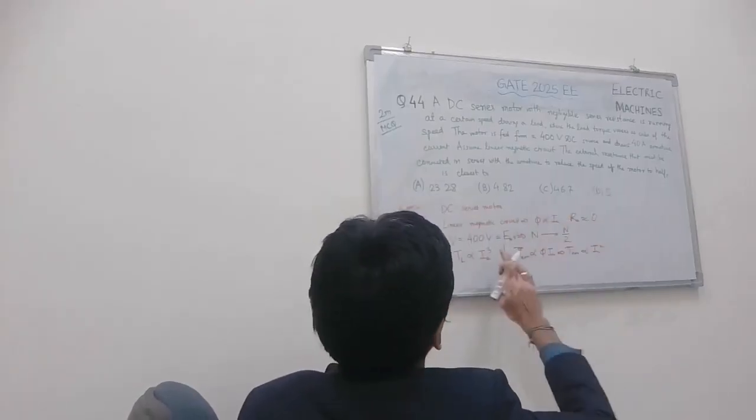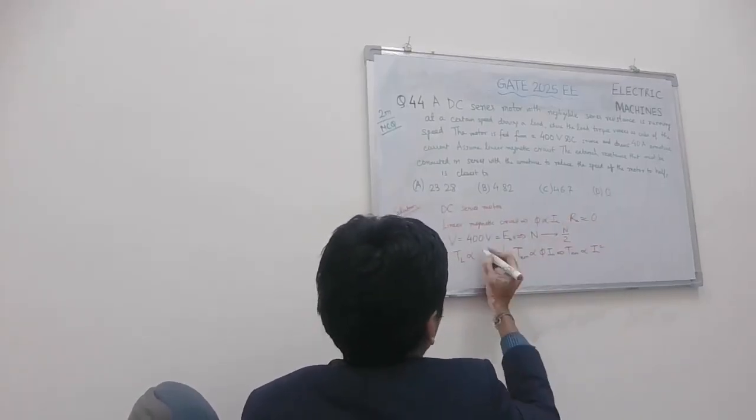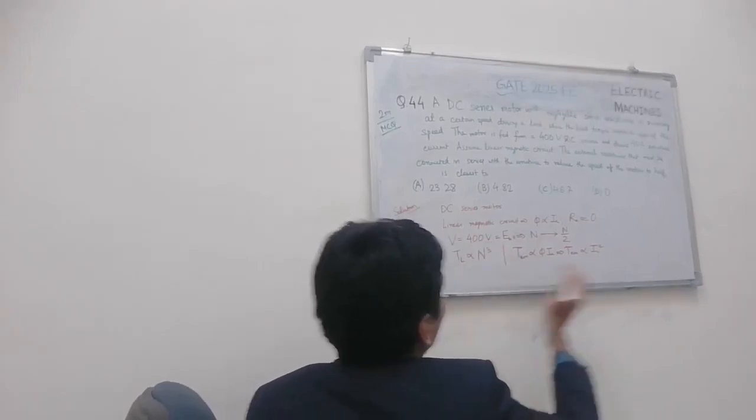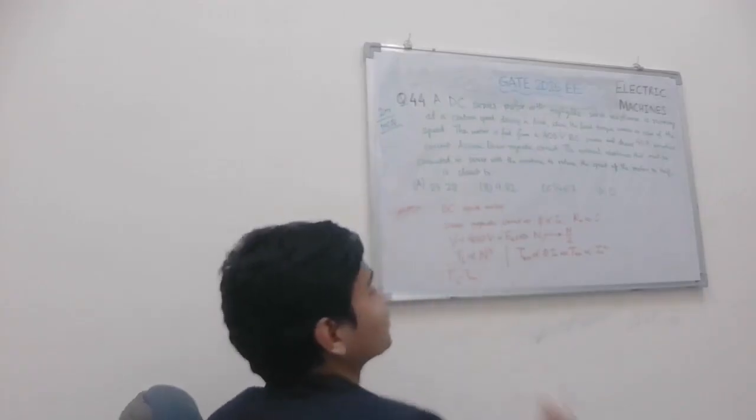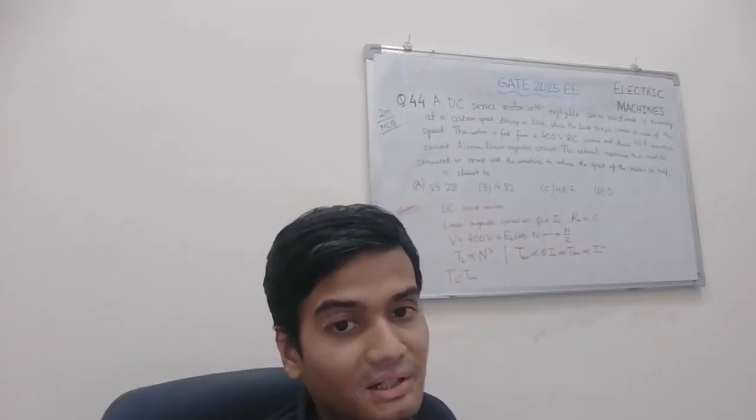Cube of speed. For steady operating conditions, TL equals TEM, the load torque should be equal to the electromagnetic torque, so the motor operates steadily.